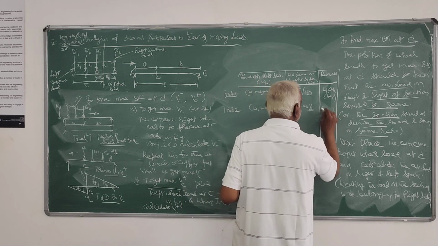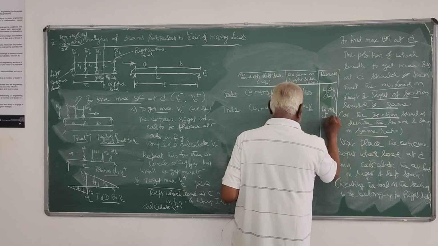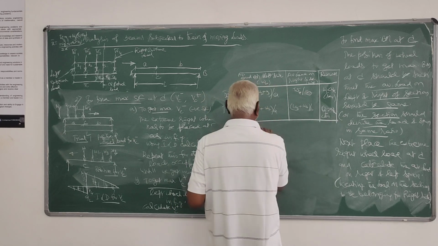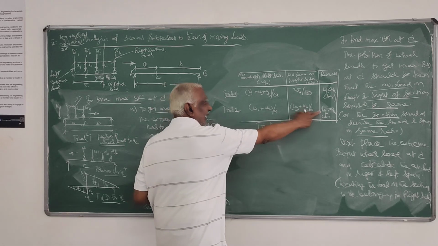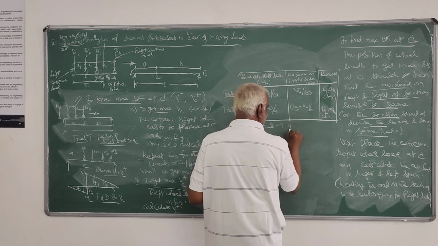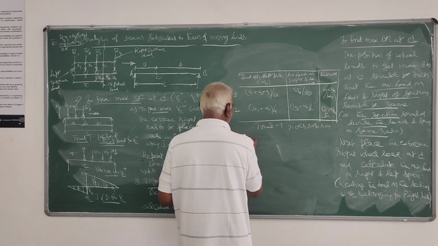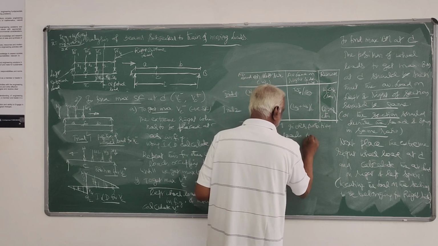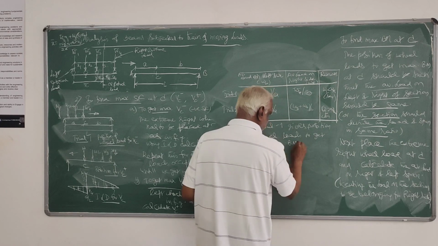If it changes its sign, then you can say at that particular point, that is the previous trial, will give you the critical loading case, critical position of the load to get maximum. Suppose I will say here WL greater than WR, in this case. Then here it changes its sign, so therefore trial 1 gives position of loads to get maximum bending moment.